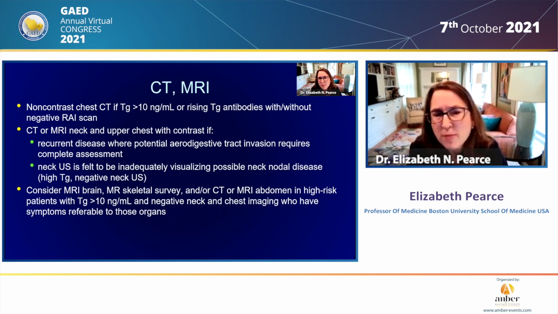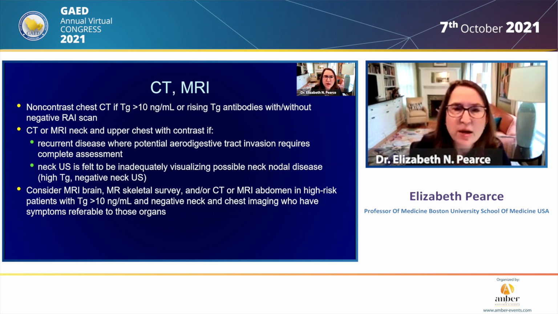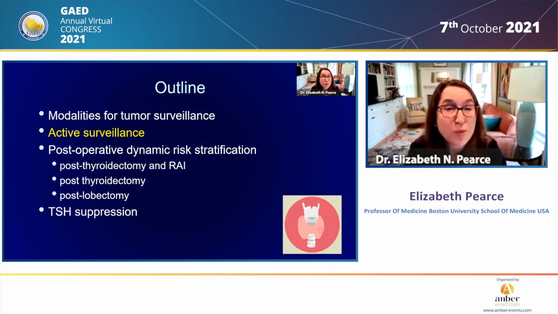And CT or MRI of the neck and upper chest is helpful if you suspect potential tumor invasion of the aerodigestive tract, or if you feel like neck ultrasound is not adequately visualizing neck nodes. And we occasionally, less frequently, consider MRI or CT of other structures in patients where we suspect metastatic disease and there are symptoms that might be attributable to those organ systems. So that's what we can do to surveil in our patients.